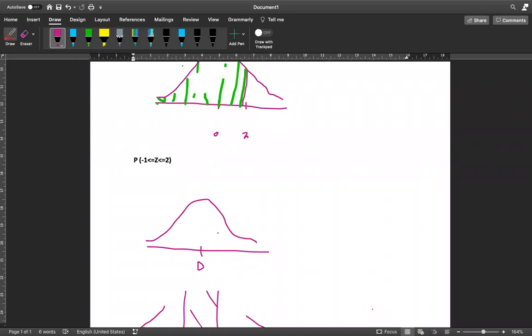Let's move. So where is the position of -1 and where is the position of 2? 2 would be at the right hand side of 0, and -1 would be at the left hand side of 0. Yeah, right. And then -1 will be somewhere here, right? So how will the shaded portion be? Which areas are we actually evaluating?